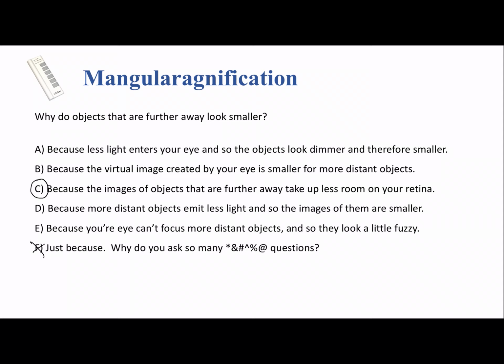A very large object is large to you because it occupies an enormous area on your retina. It isn't really about dimmer. It's not about brighter. It isn't about virtual or real. We'll get into how the eye creates images on the retina next time. It's all about that angle that the image of the object takes up on your retina.